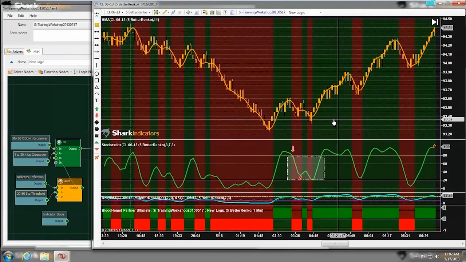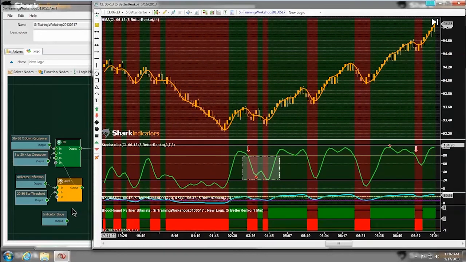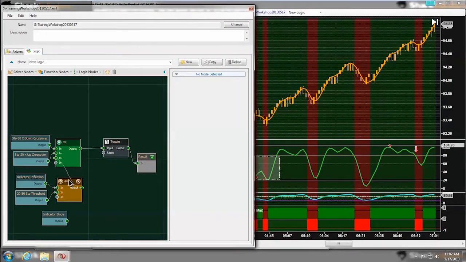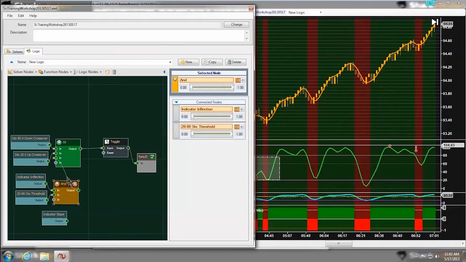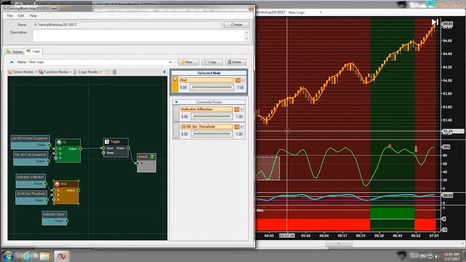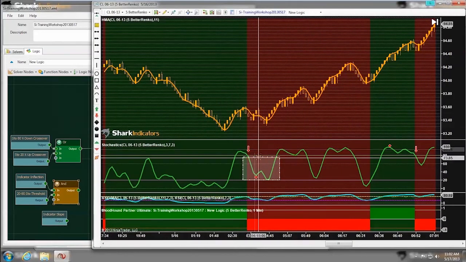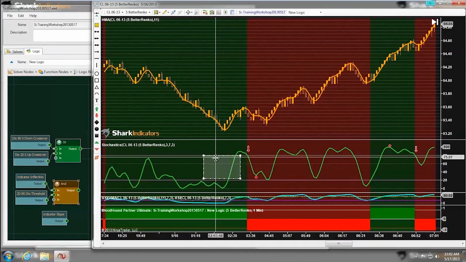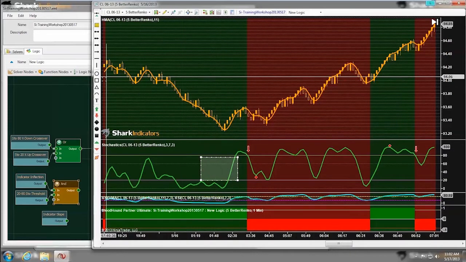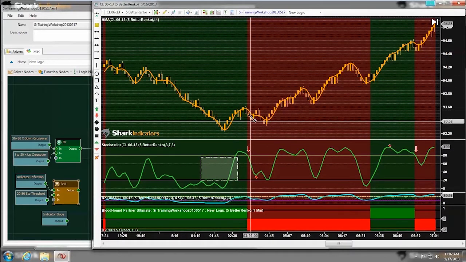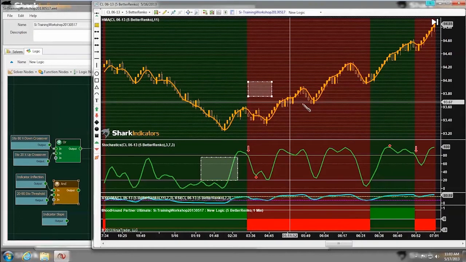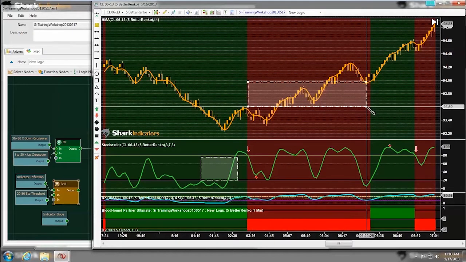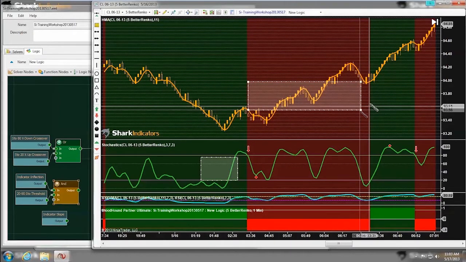So let's take a look at it without this new condition. All right, so previously, let's see here, I'll create myself another box here. So this used to be all short.